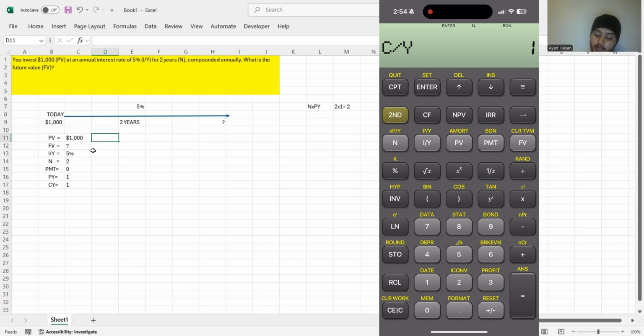After that, we click enter, then we click compute and FV. So our answer is $1,102.50.